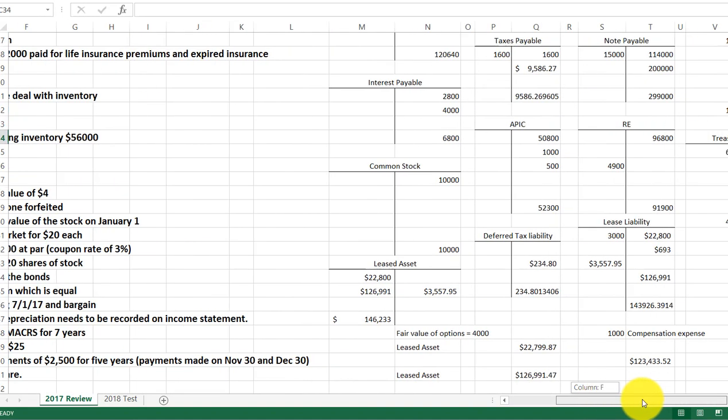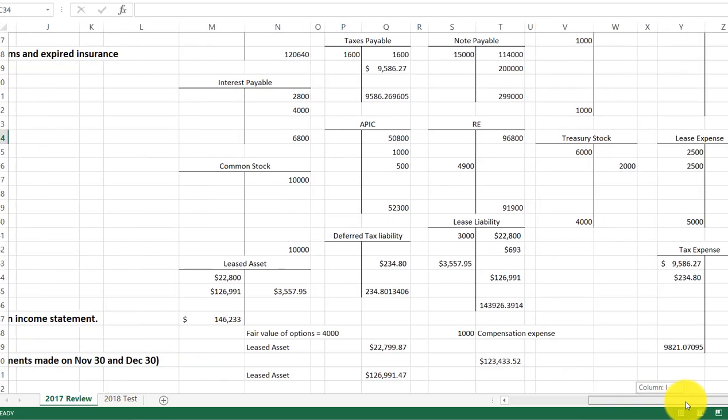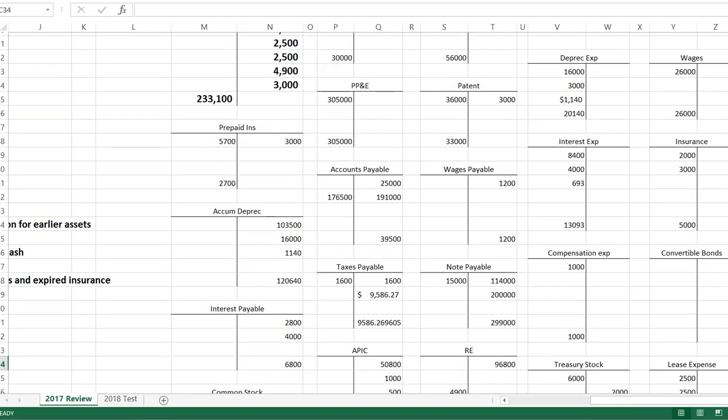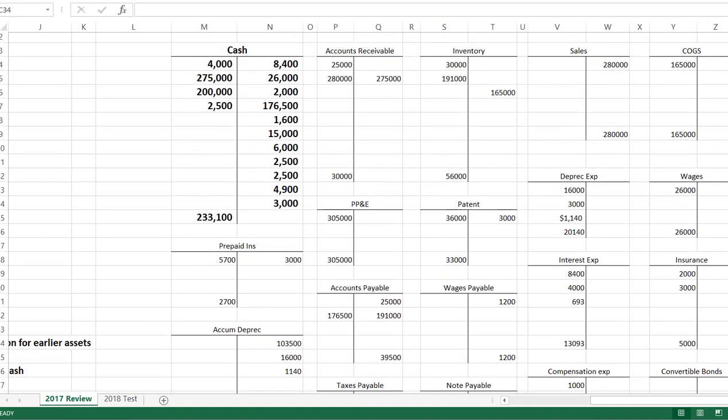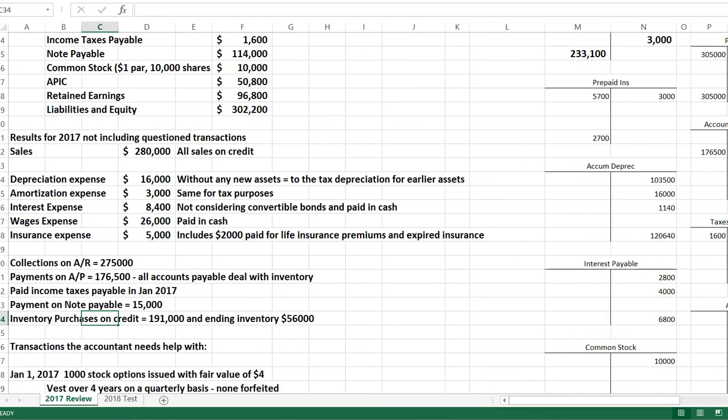So, the journal entry we learned about stock option plans is we debit compensation expense, which is right here, and credit additional paid-in capital for $1,000. All right.